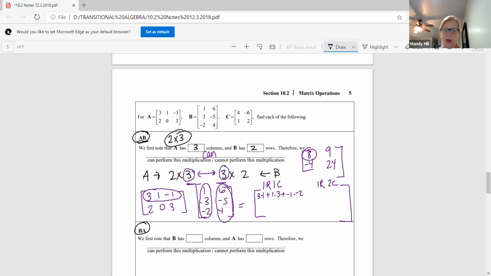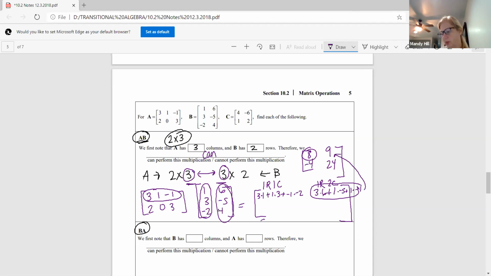So we would do 3 times 6 plus 1 times -5 plus -1 times 4. I still didn't have enough room. Okay, if you do all of that, you're going to get 9.